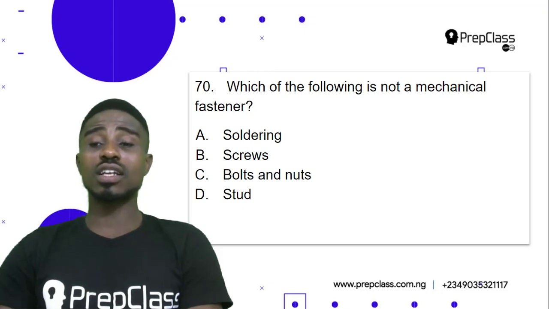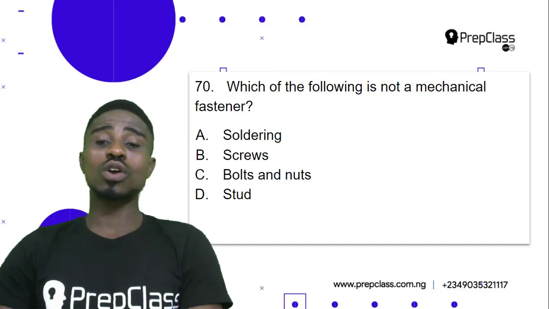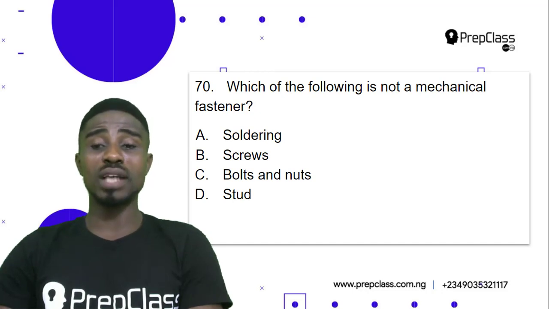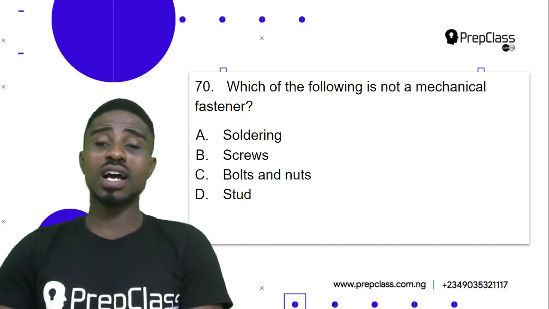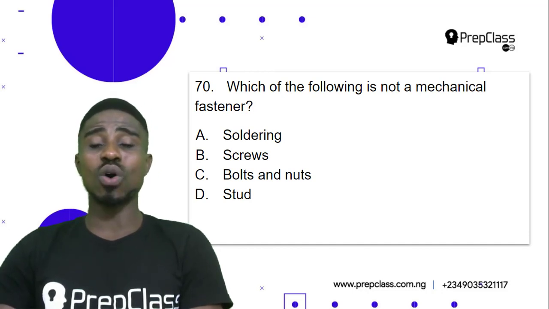For us to carefully select the correct answer, we need to have an understanding of the question, then we analyze all of the options and see which one best answers our question. Now, what is a mechanical fastener? A mechanical fastener is a device or an instrument used to hold mechanical devices together.